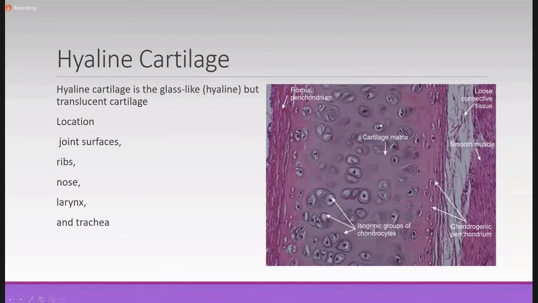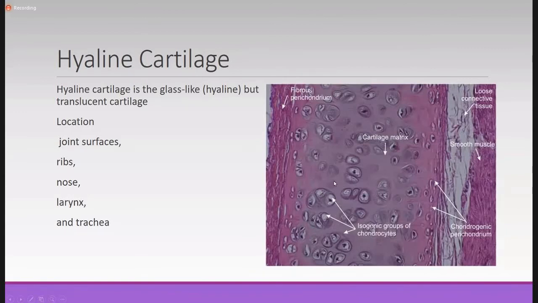Within the matrix, we have groups of chondrocytes, the cartilage forming cells. The mature ones are towards the central part. These chondrocytes at certain areas are grouped together, known as an isogenous group, composed of 4 to 6 chondrocytes united together.